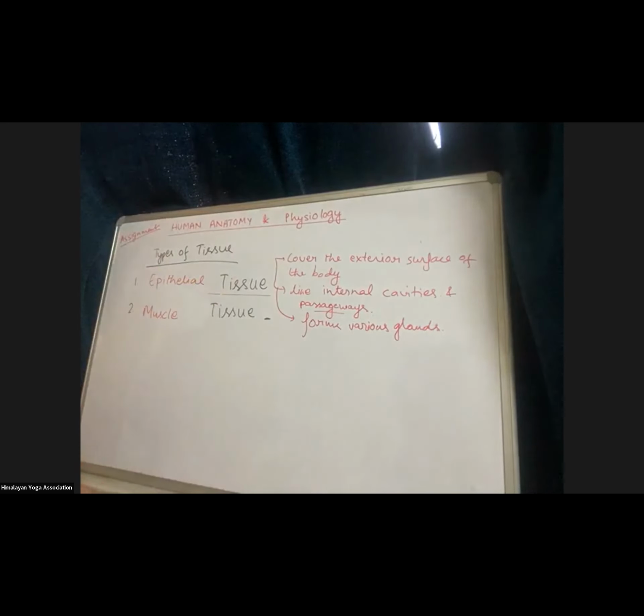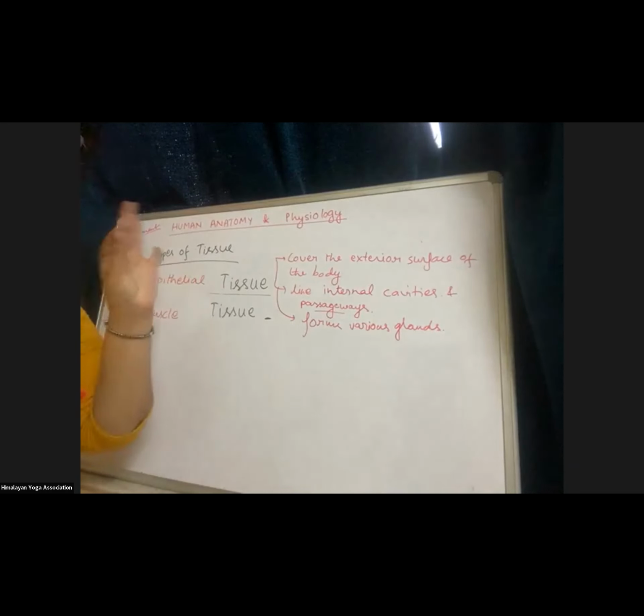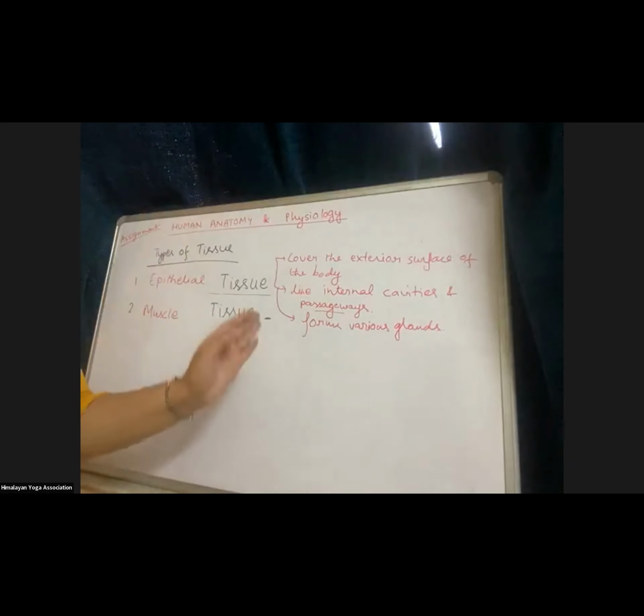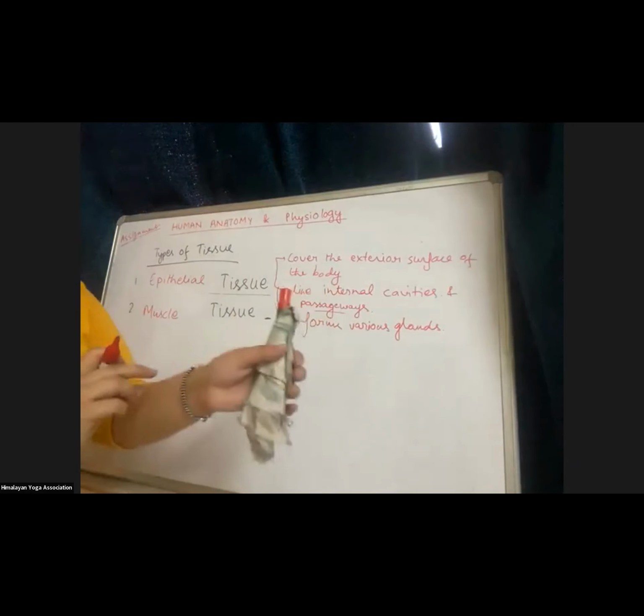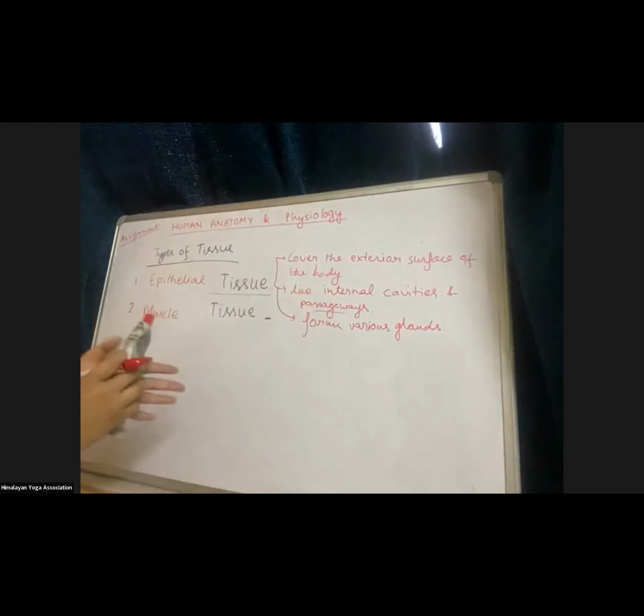Basically epithelial tissues form the outer layer of any organ, whether it's skin, internal cavities, or glands. Whatever you see, any layer kind of structure, it is epithelial tissues. So we have connective tissues.